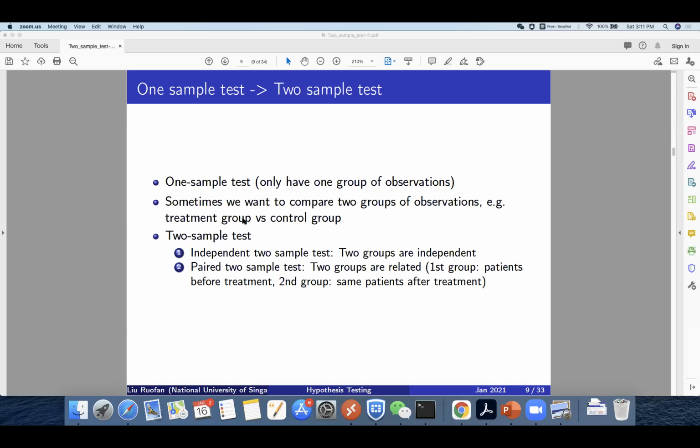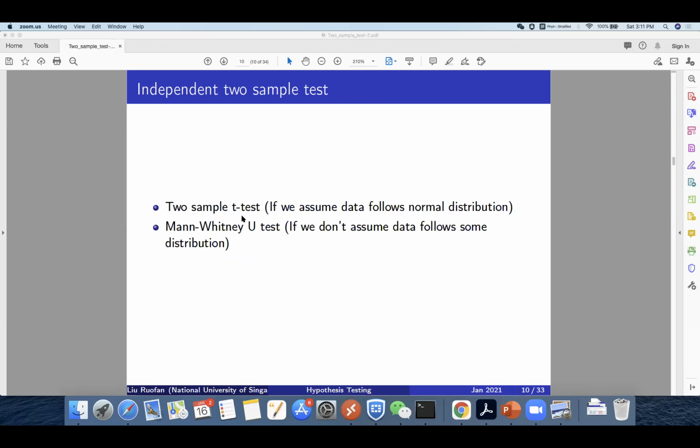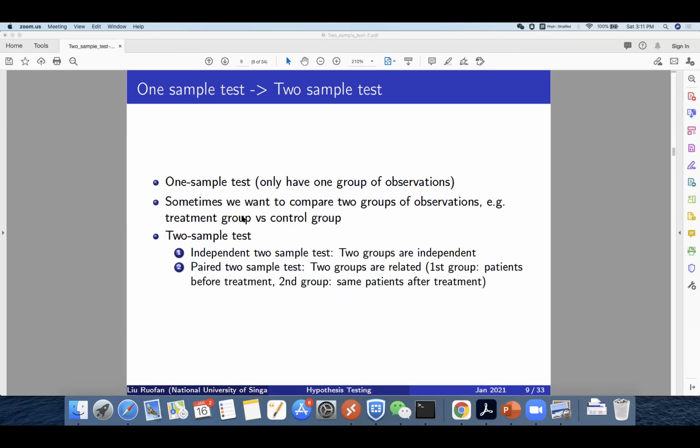Because the individuals in group 1 and group 2 are the same, these two groups are related. So you are giving a definition of independent groups, right? And an example of related patients.